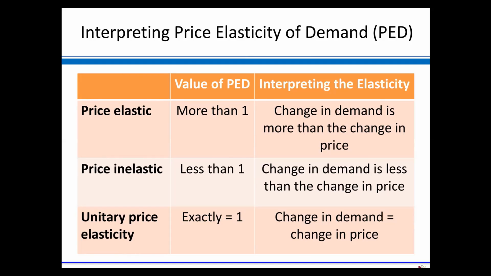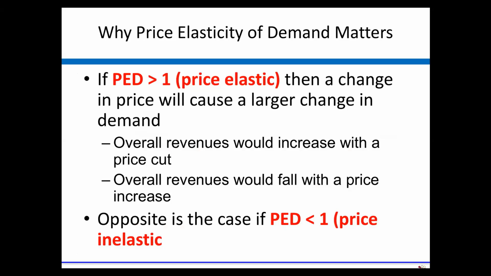Now, those PEDs have some quite important implications for businesses, and that's why it's important for businesses to understand what their price elasticity is. For example, if PED is more than 1 and you increase the price, demand falls by more than the increase in price, which would have the effect of overall cutting your revenues.